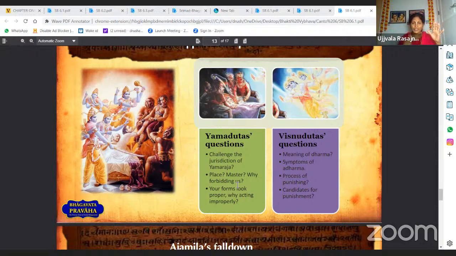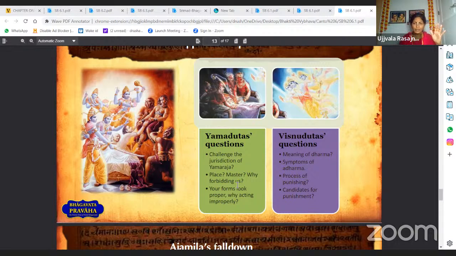So the Yamadutas are saying, who are you? You are all very effulgent. Why are you trying to block us from doing our duty? You seem to be so effulgent and beautiful and very proper, but you are blocking us from doing our duty. Who are you?